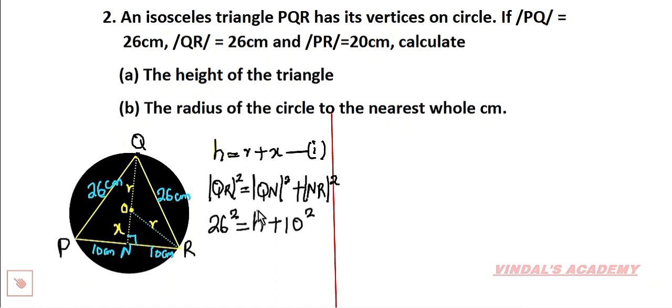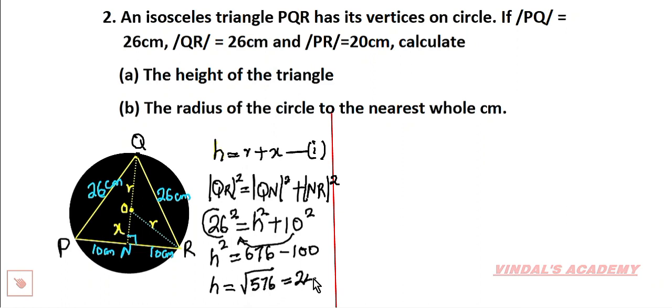So H squared is equal to 676 minus 100. Remember, I have to carry the 100 to this side. Then H is equal to the square root of 576, which is 24 cm. So my height is 24 cm.